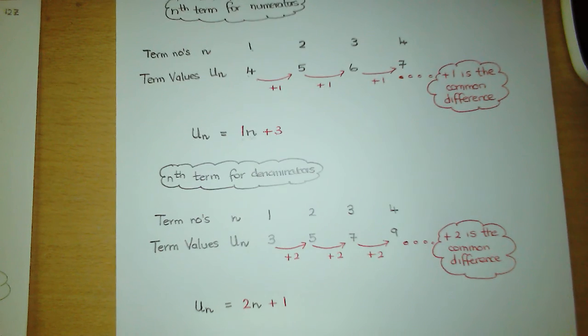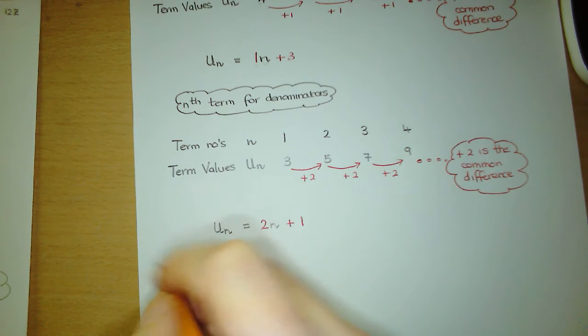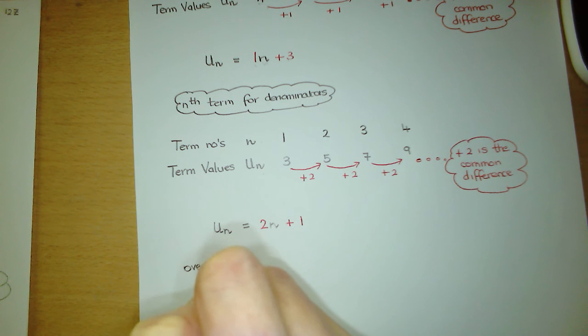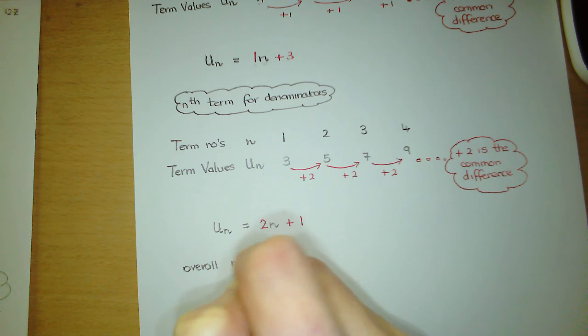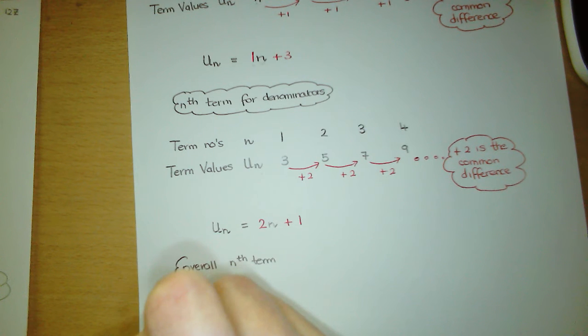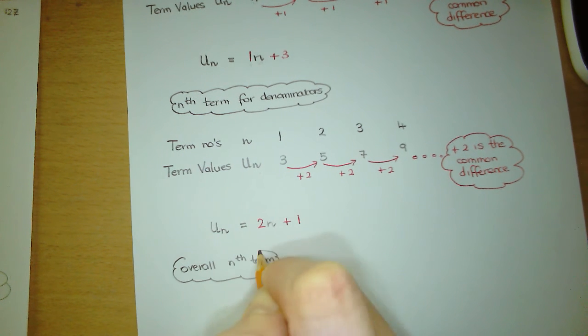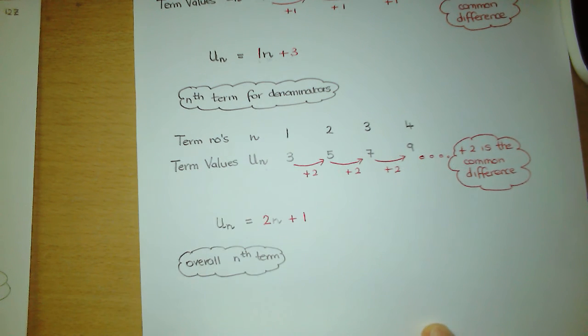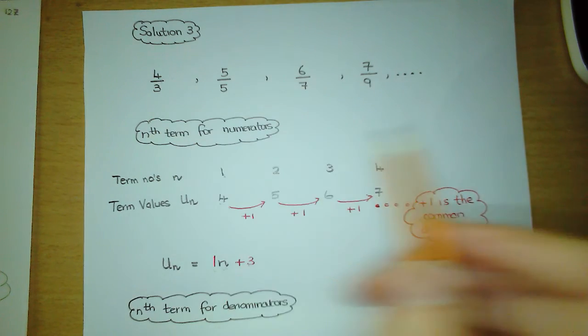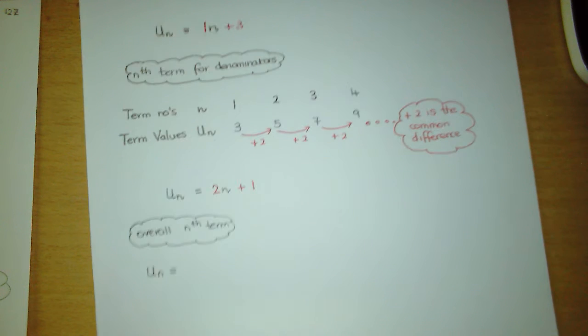So, final little title is the overall nth term. Again, it starts with un, and because each term value in the original sequence is a fraction, that means the nth term formula is going to be a fraction.